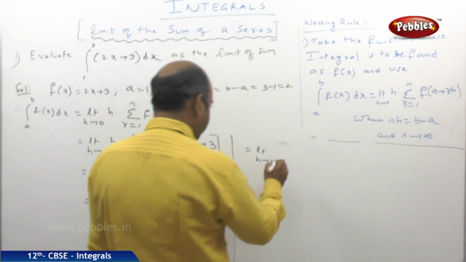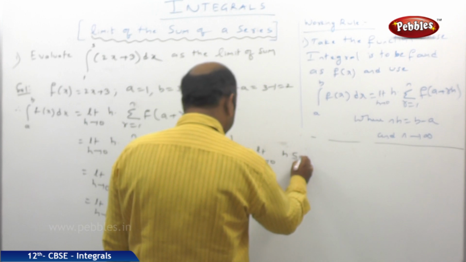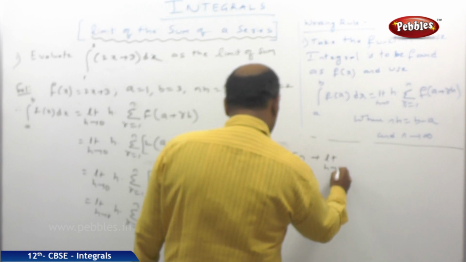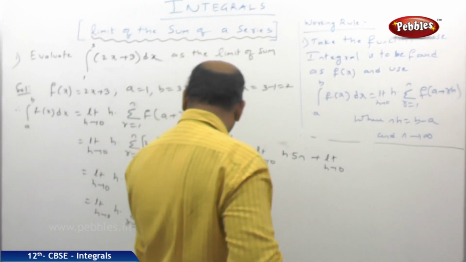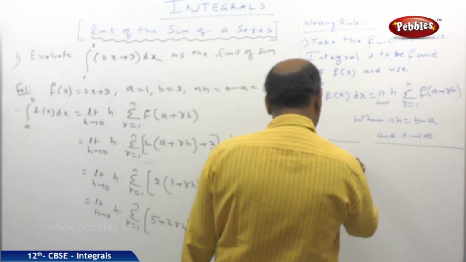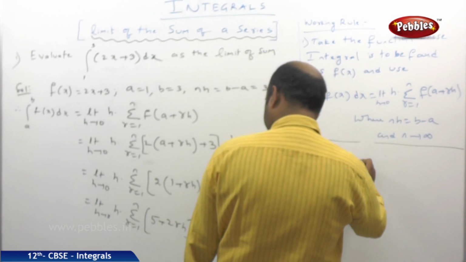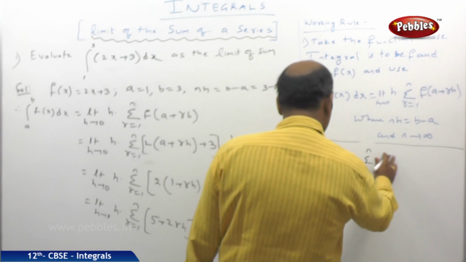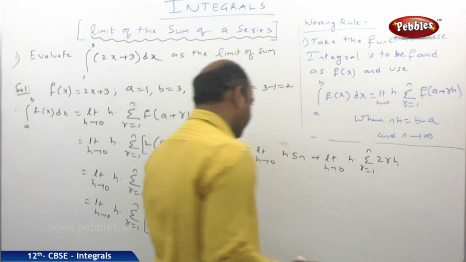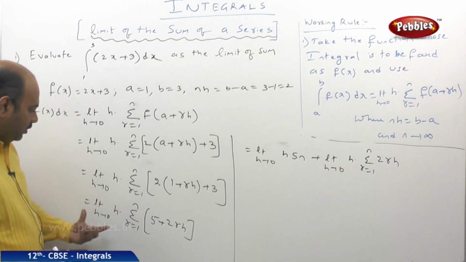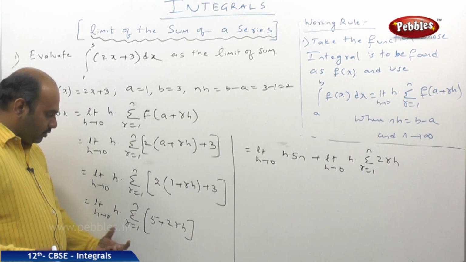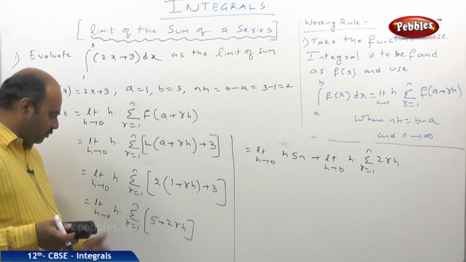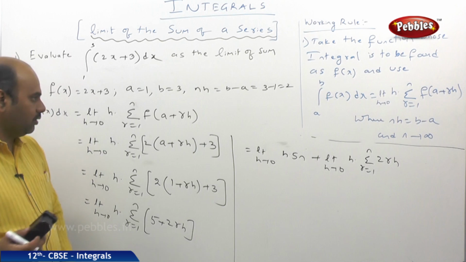So this becomes h into 5n plus limit h tends to 0, h into summation r equal to 1 to n 2rh. I think you are clear. The one which is outside I have distributed to the things which are inside. That means 5 into the whole thing plus 2rh into the whole thing.